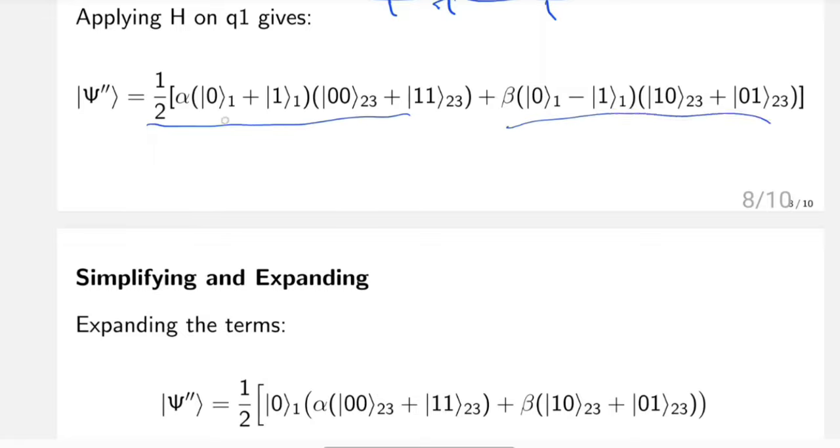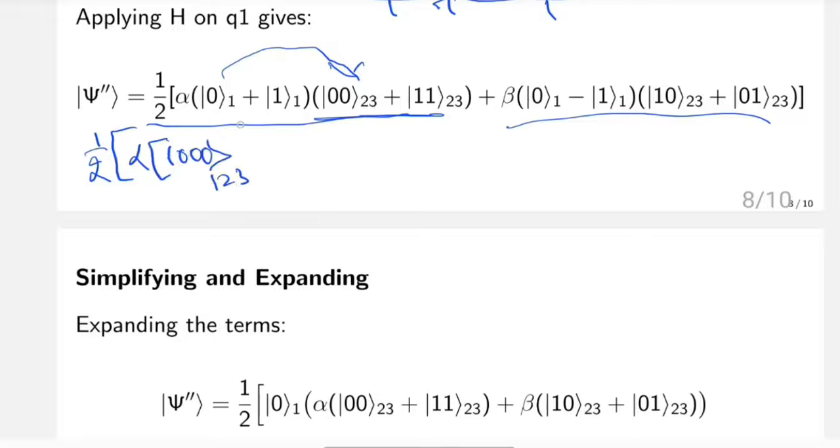Right? So now try to do the tensor product, ket0 with this whole term. What I will get: 1 by 2 common, alpha I will take common, ket0 tensor product with this whole term. So I will be getting ket0 0 0 1 2 3, ket0 again plus ket0 1 1 1 2 3.